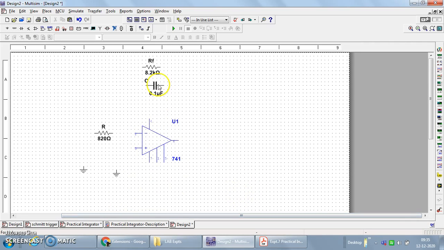So we know the circuit diagram. Expected circuit diagram is in the feedback part, we are connecting here the one capacitor, one resistor, and at the input side one resistor of 820 ohm. Let us do the connections and then do the connections of supply voltages also. So I will join these two resistors to the inverting input terminal. This is to be grounded.